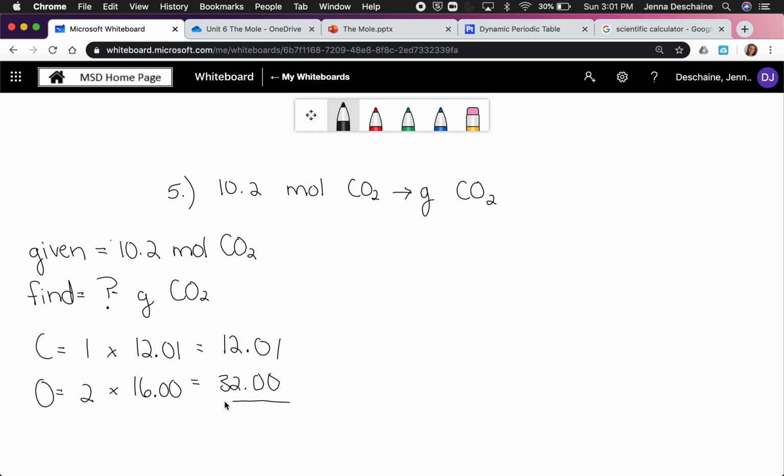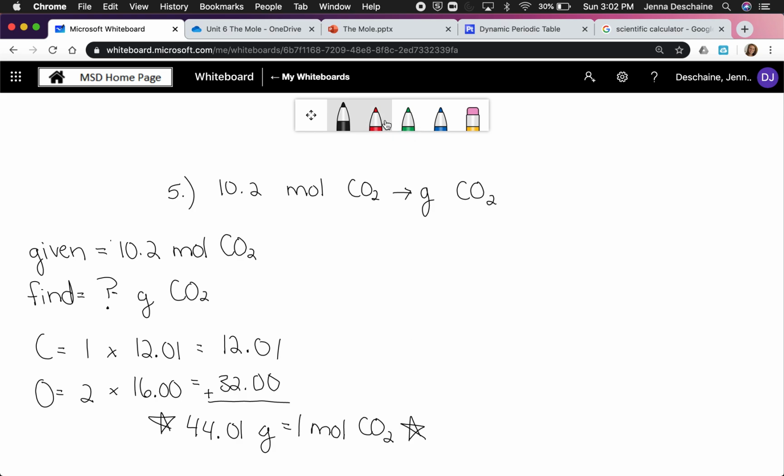I'm going to add those together, and I find that my molar mass is equal to 44.01 grams is equal to 1 mole of carbon dioxide. So this is actually my conversion factor that I'm looking for here.